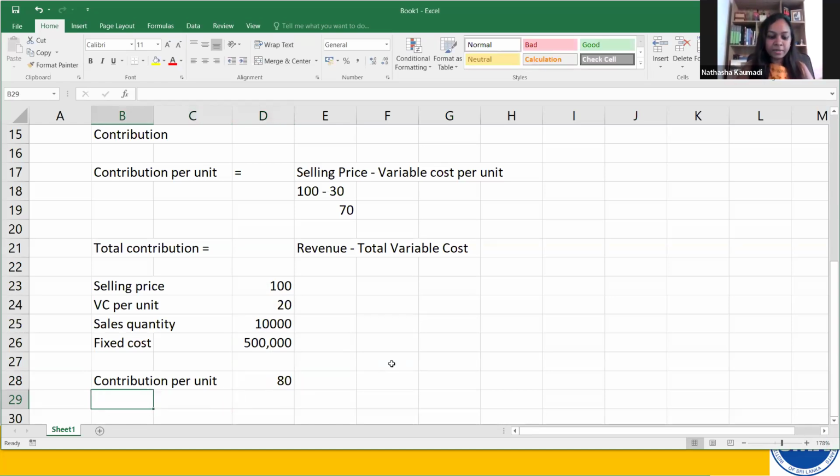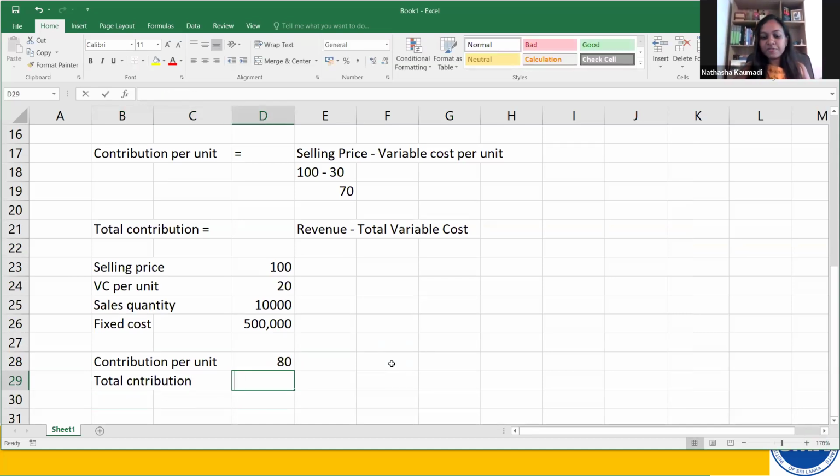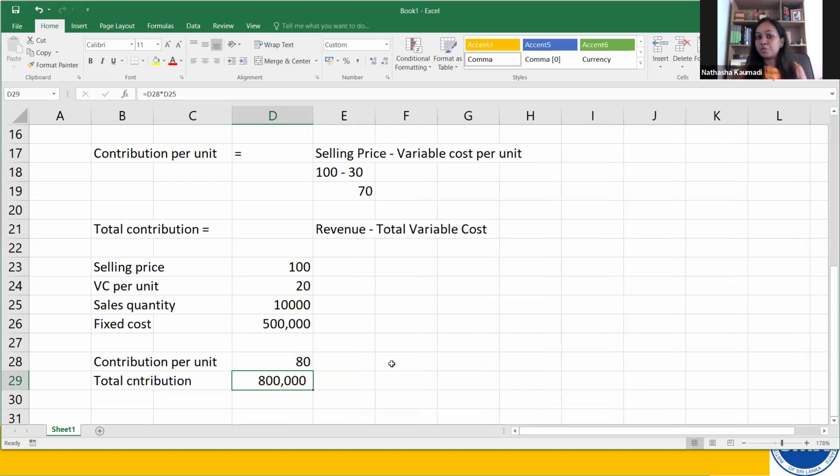Our sales quantity is 10,000 units. So if I multiply 80 by 10,000, I have 800,000 rupees as the total contribution.